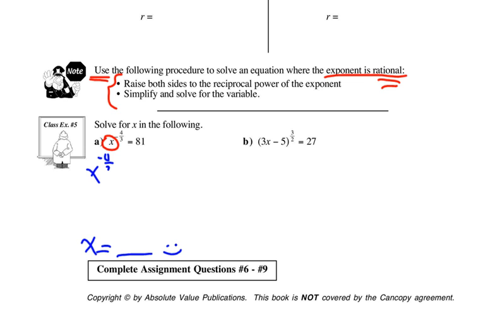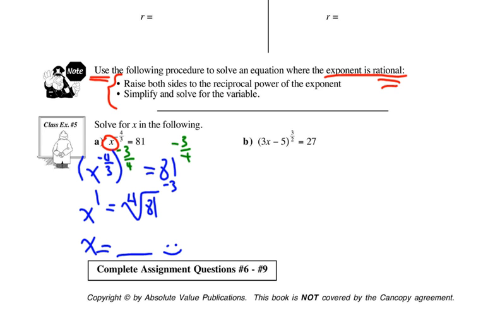Well, the answer is you simply do the opposite. You've got -4/3 there, so if I was simply to put this all to a power of -3/4, when we multiply these two exponents together, we simply get x to the 1. And now I've got the fourth root of 81 to the -3. And the fourth root of 81 is 3. 3 to the -3 is 1/27. So our answer works out to a nice 1/27.